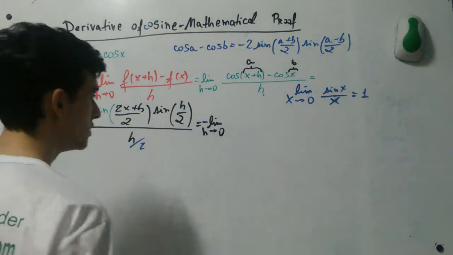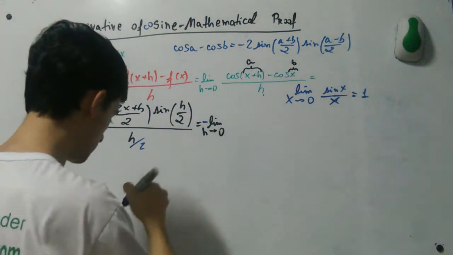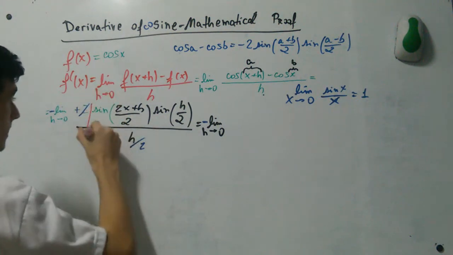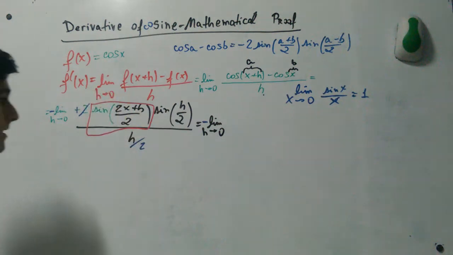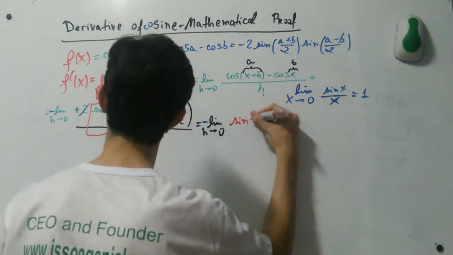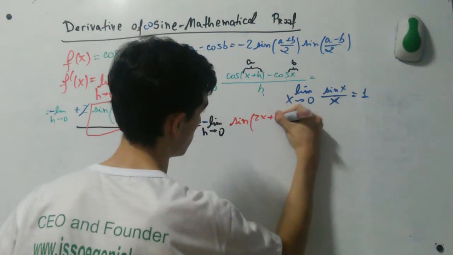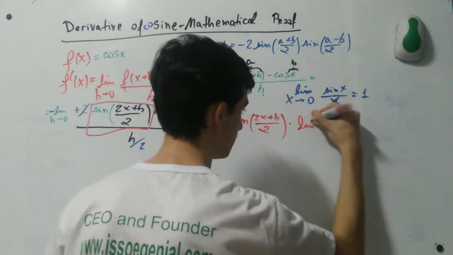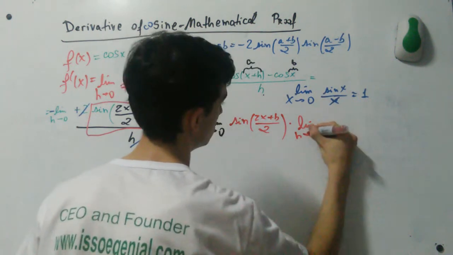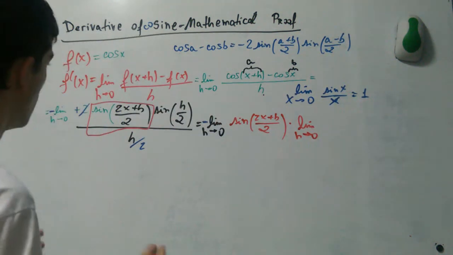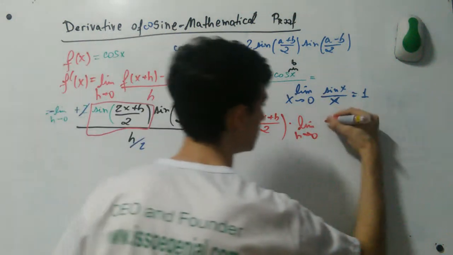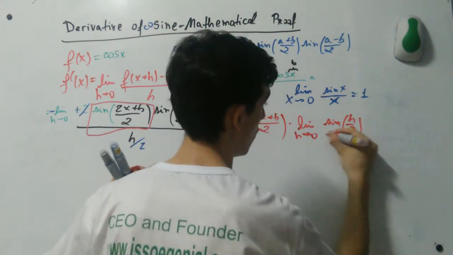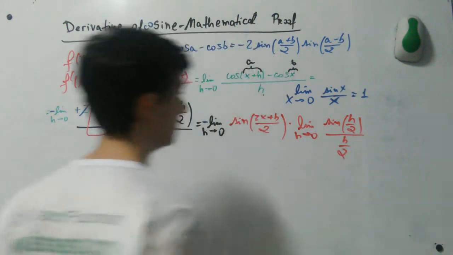So the limit when h approaches 0 of, let's divide this into 2 limits. This one here in red, the sine of 2x plus h over 2, multiplied by the limit when h approaches 0 of sine of h over 2 over h over 2.